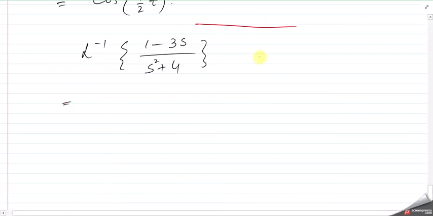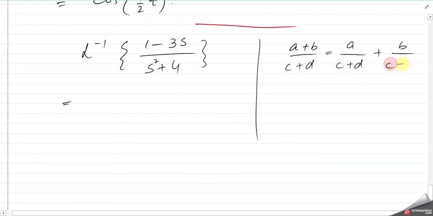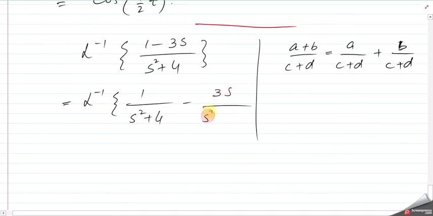First of all, we will use the same reasoning we have already used: a over c plus d, b over c plus d. And once again, I would like to remind you, do not split the denominator. So this becomes Laplace inverse 1 over s square plus 4 minus 3s over s square plus 4.